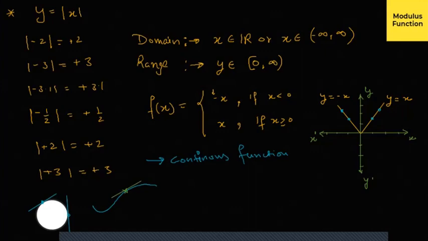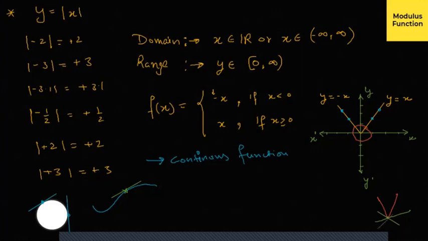Now you are able to see that here at this point there is a kink. Kink means there is a V-like structure. So at this point we can define many tangents. So you are able to see this is not smooth. So the tangent can be like this also, this also. There can be many lines which will touch this point as well as this V-like curve. So more tangents can be defined like this.